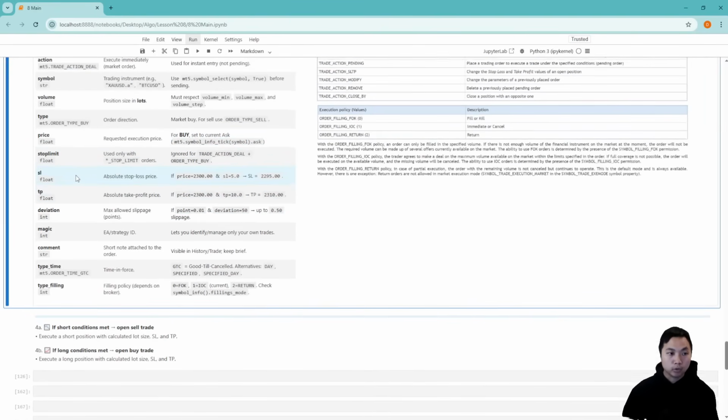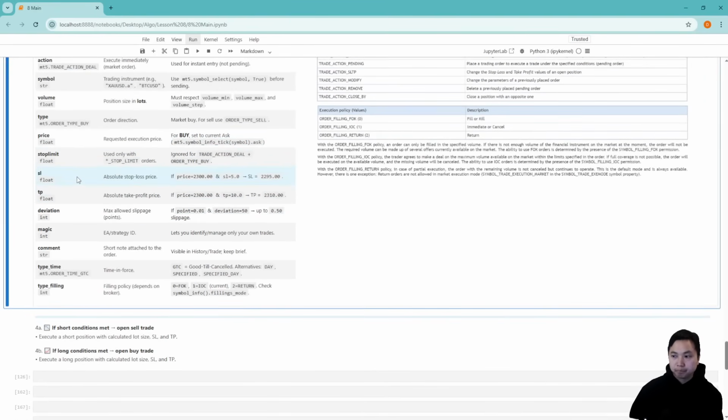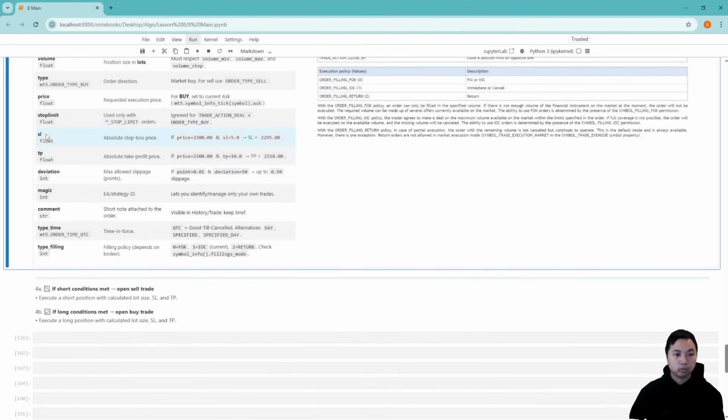And then we need to put a few things here for the buy that include the current price, or whether or not we are going to have the stop limit, but that is not for the buy or sell order type. And then we can also provide the stop loss or the take profit price.